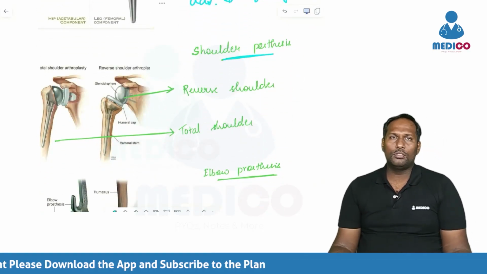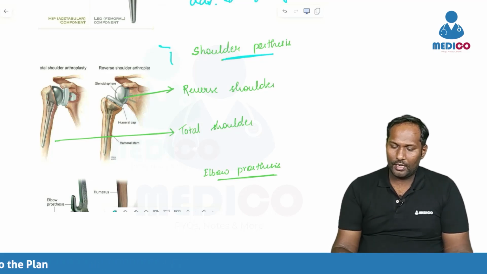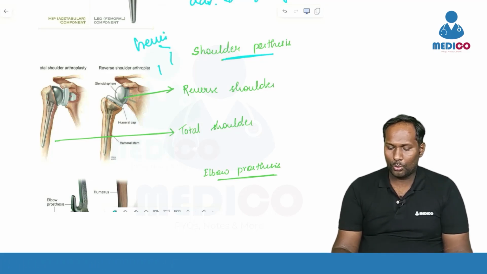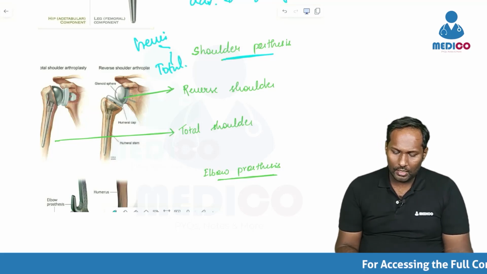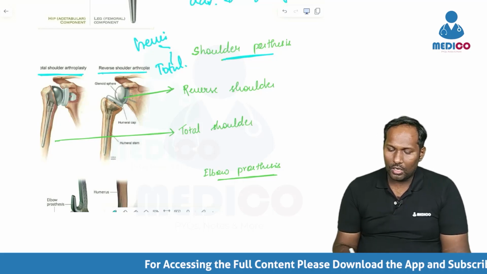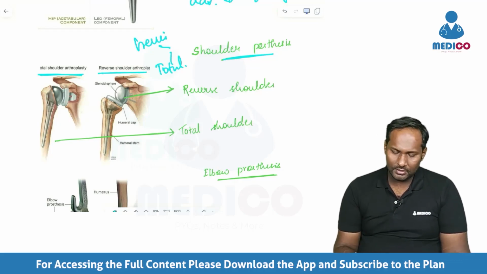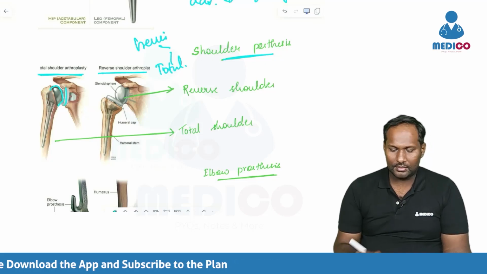In shoulder prosthesis, you have again two types. It could be hemi or total. In total, you have direct total shoulder arthroplasty or reverse shoulder arthroplasty. In direct total arthroplasty, the humeral head is as such and the glenoid is as such.